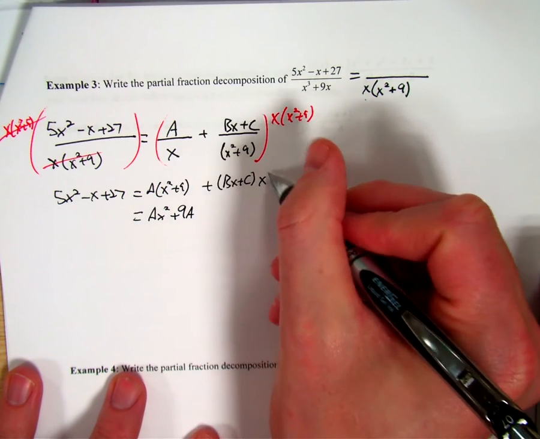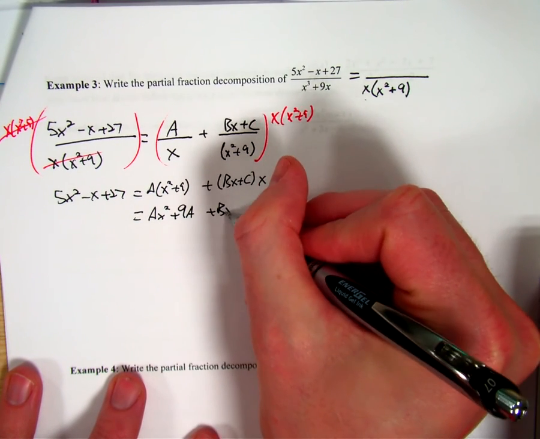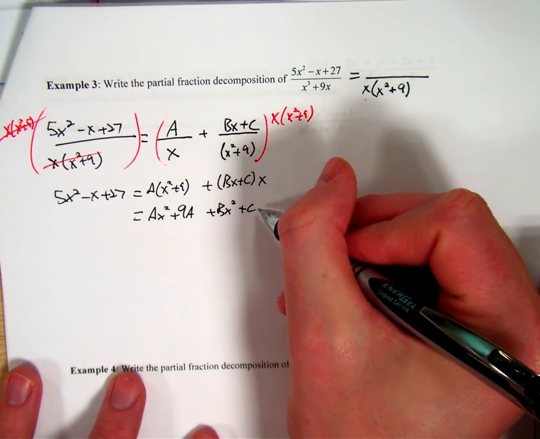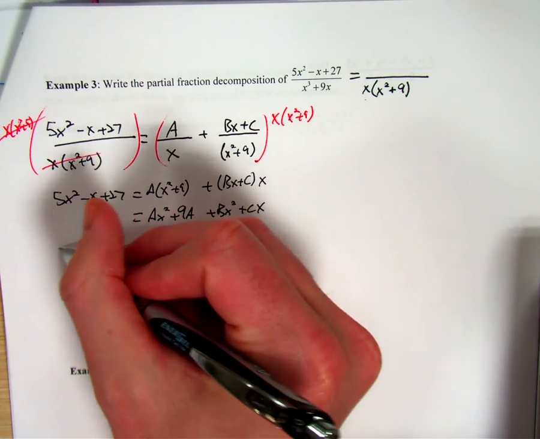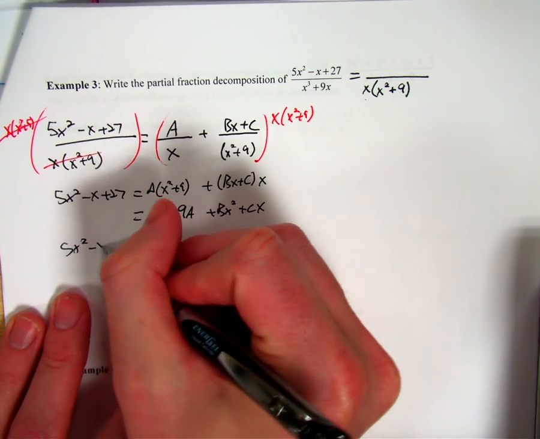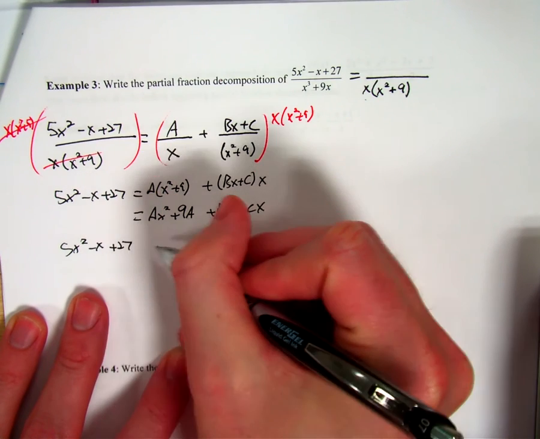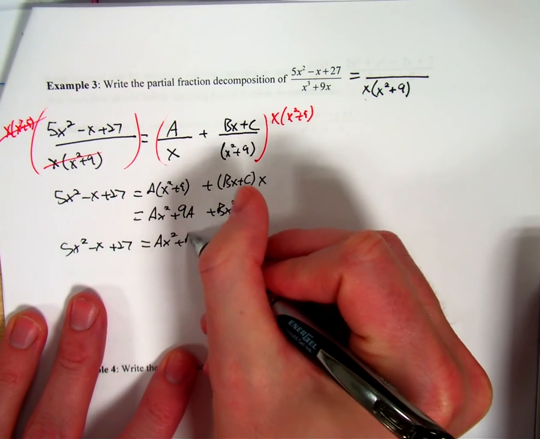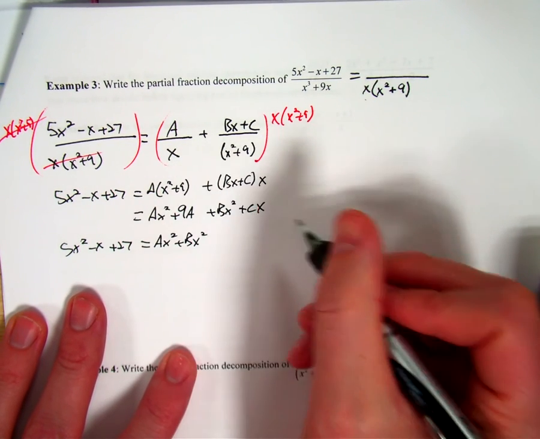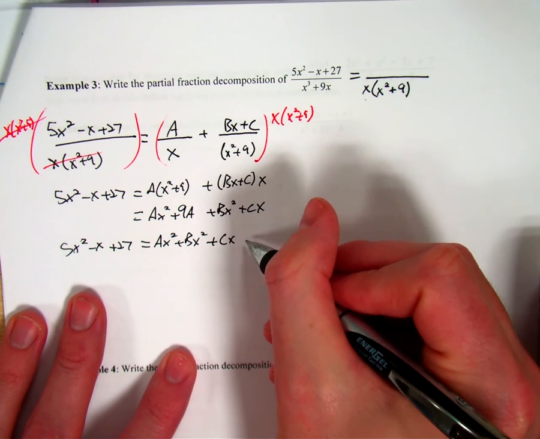And then this is going to be plus bx squared plus cx. Alright, let's rewrite it. You might not need to, but let's just do it just so we don't make any silly mistakes. We have ax squared plus bx squared plus cx plus 9a.